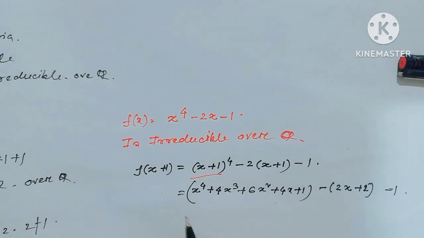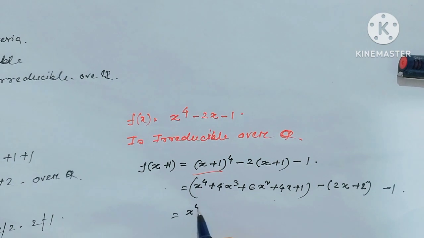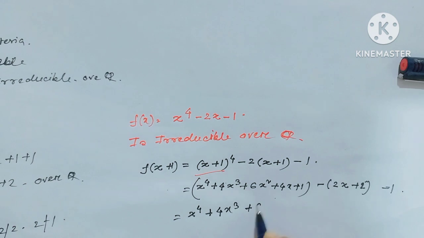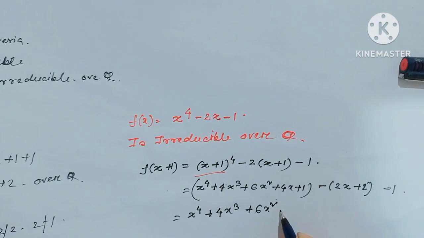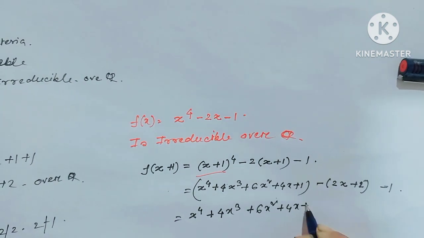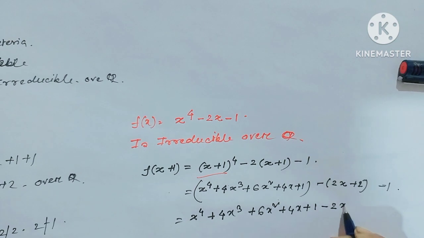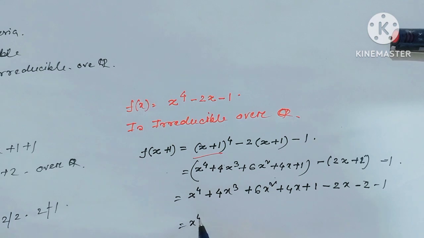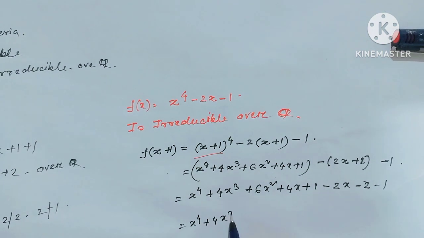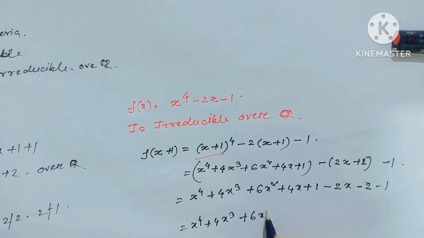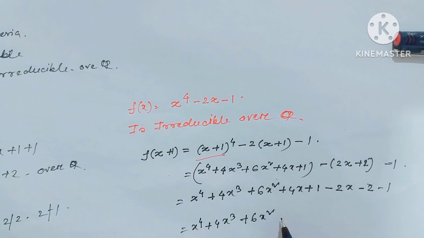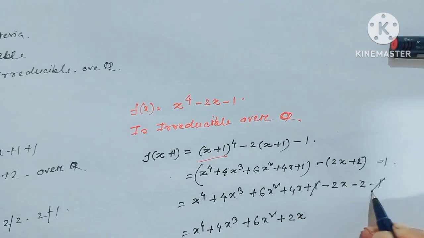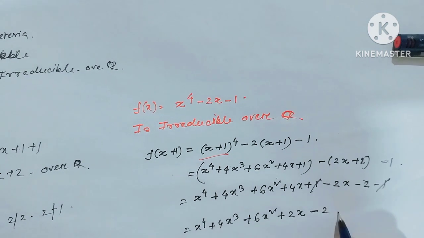And this is equal to x to the power 4 plus 4x cube plus 6x square plus 4x plus 1 minus 2x minus 2 minus 1. That is equal to x to the power 4 plus 4x cube plus 6x square plus 2x. Here 1 would be cancelled, minus 2.